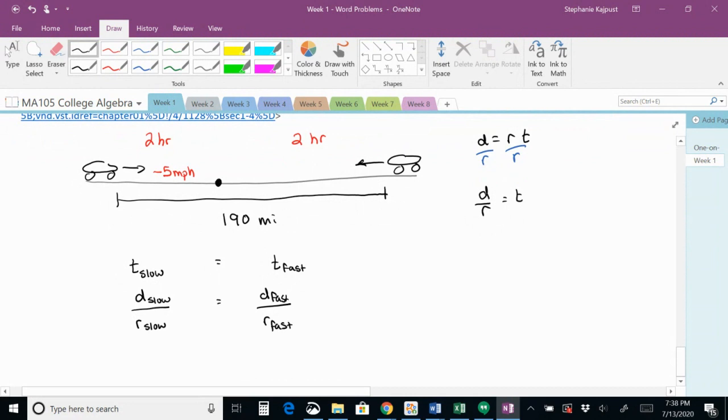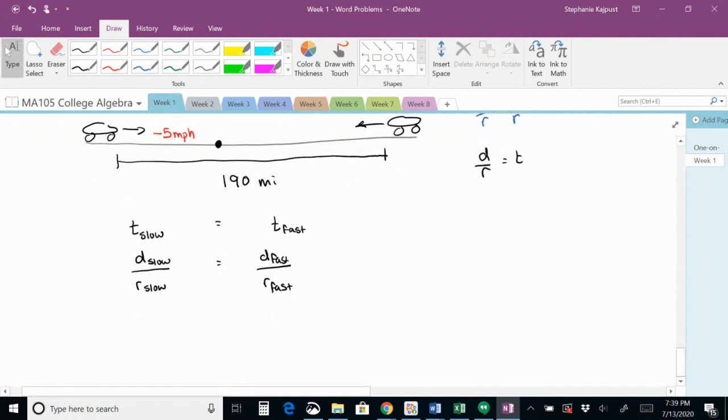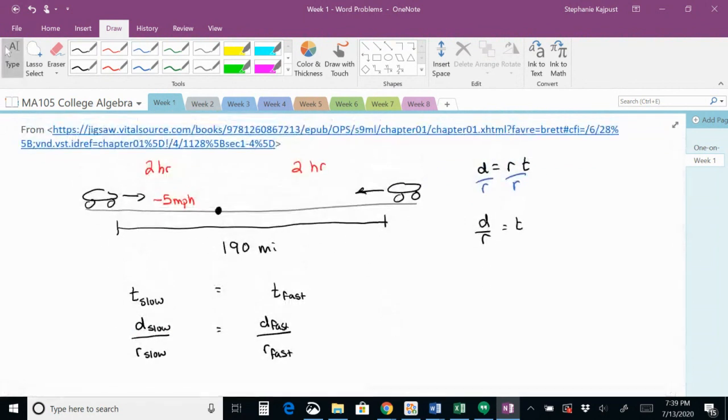We know the total distance, but we don't know their actual speeds here.